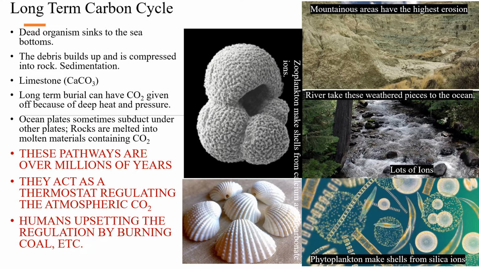For the long-term carbon cycle, the dead organisms sink to the sea bottom, the debris builds up and is compressed into rock. Sedimentation and limestone are all symbols that represent the long-term carbon cycle. The long-term carbon cycle takes millions of years to recycle or to come back to the original state.